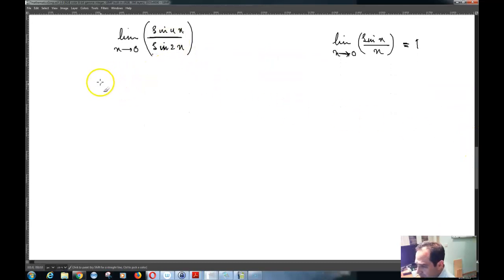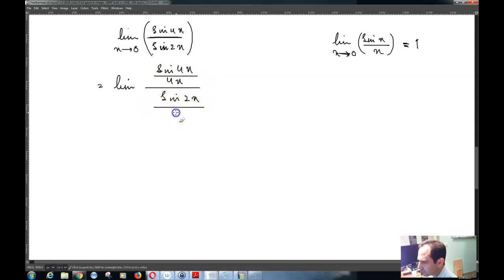Now I can rewrite this as the limit of sine 4x over 4x, for example, and sine 2x over 2x.